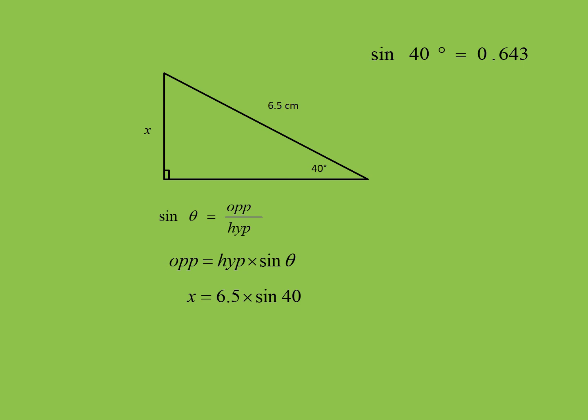X is the opposite. It's 6.5, which is the length of the hypotenuse, multiplied by the sine of 40. Not just times 40, I need it by the ratio of 40 degrees, so it's the sine of 40. You type that exactly into your calculator. We get an answer, 4.18 centimeters. So this side over here will be 4.18 centimeters long.